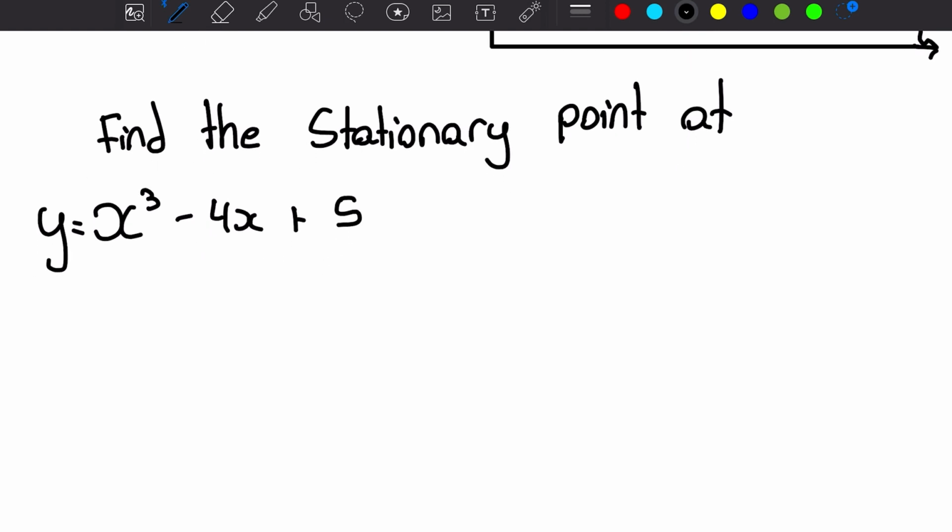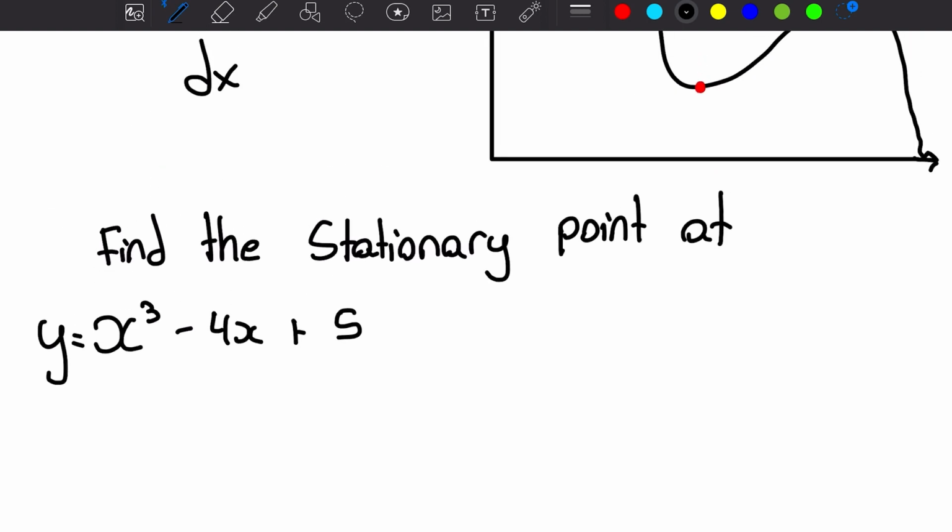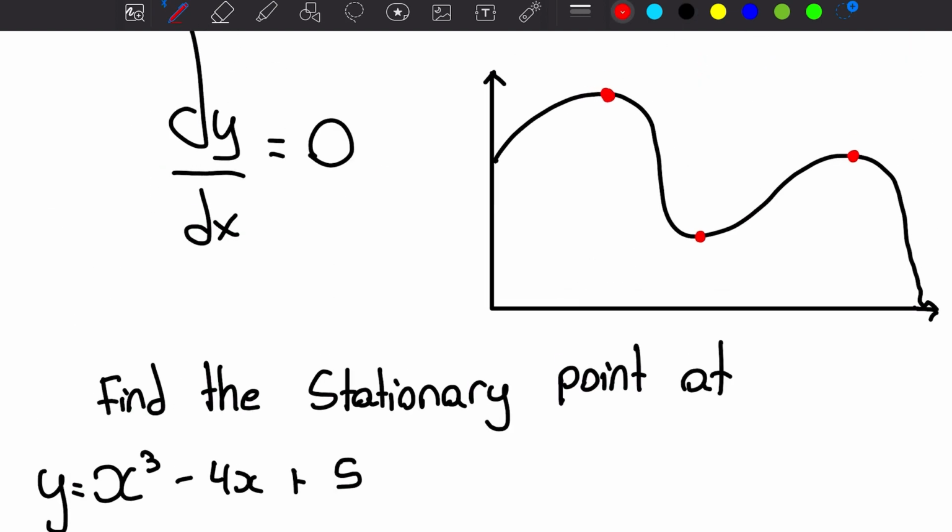Now, the stationary point, remember, is where dy by dx is equal to 0. So to work this out, we just have to find the first derivative.